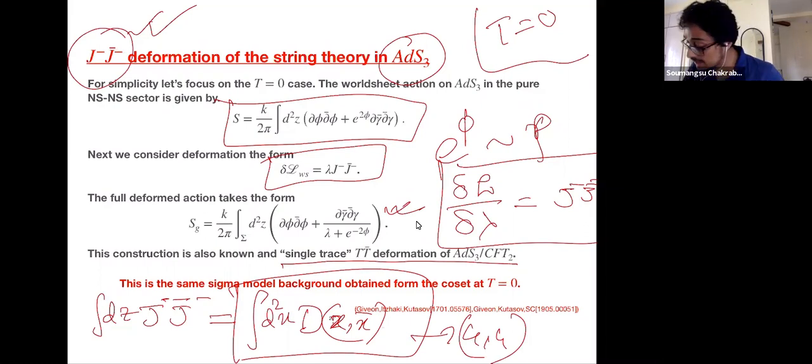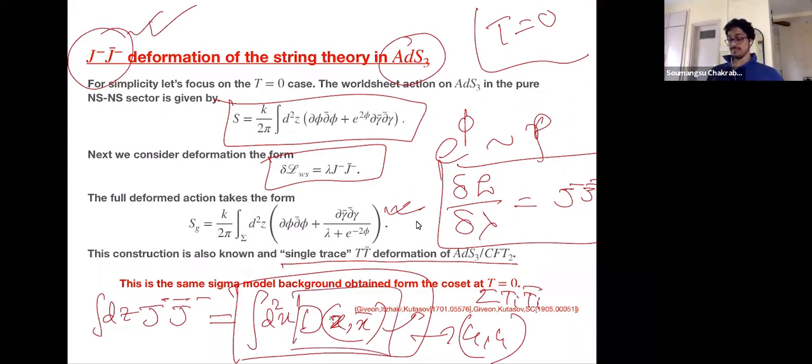I mean, if you insist, this is basically a sum over the TTbar of the blocks. So you take the TTbar operator of the individual block, you deform the individual block, and then take the symmetric product. That is what this is doing. And this deformation is known to preserve (4,4).